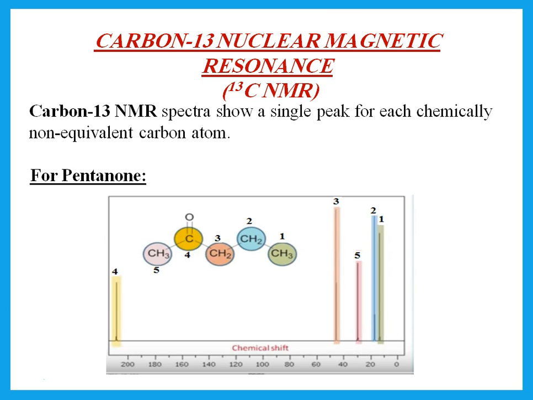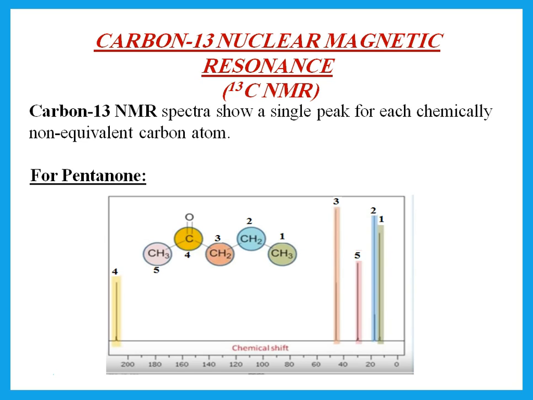There is a fourth peak for the C that is attached to the O, and remember that whenever it's attached to an electronegative element, it is furthest to the left. And then we have another peak for the carbon of the CH3 next to the C=O.